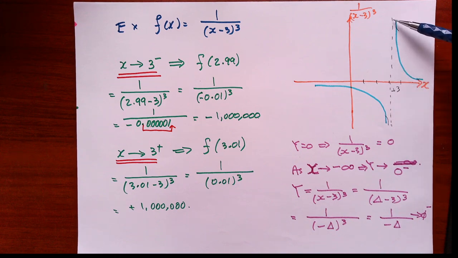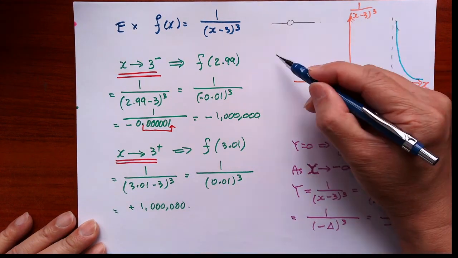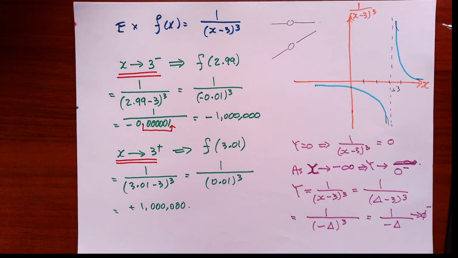The value at x equals 3 cannot exist, but instead of having a dot like this or like this, what we have is an asymptote where the value goes nearer and nearer but does not touch.